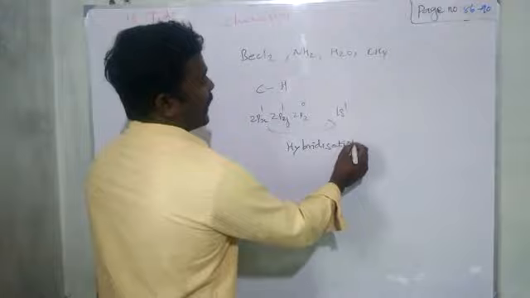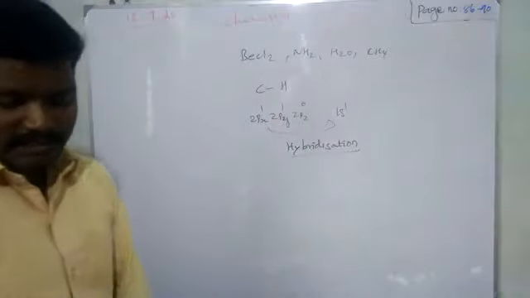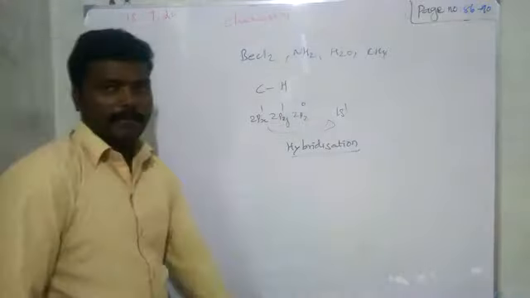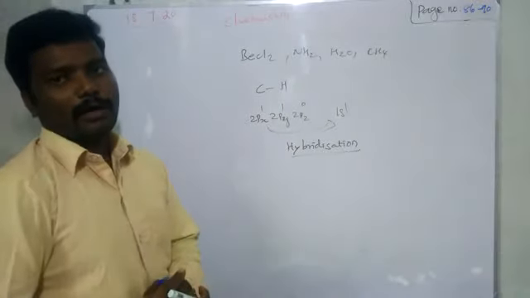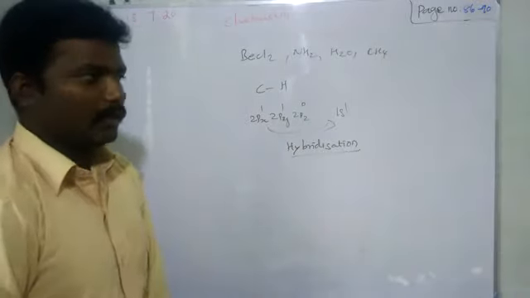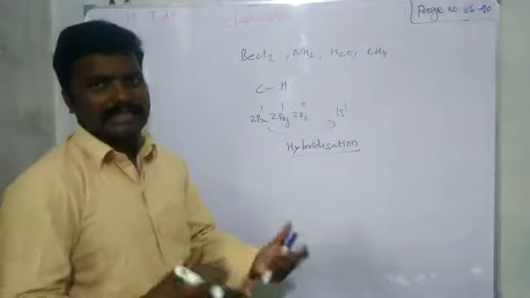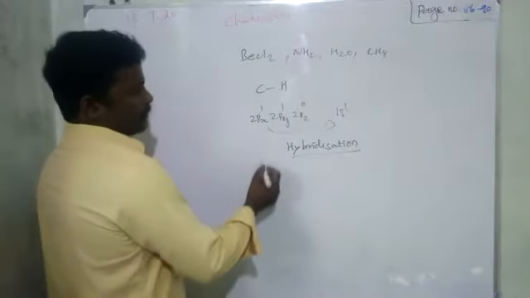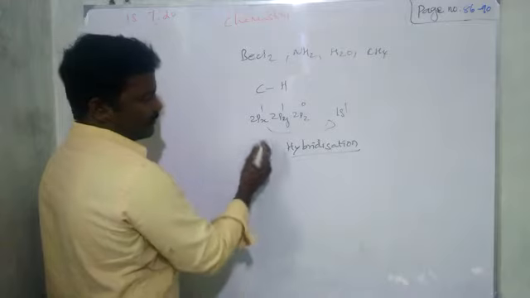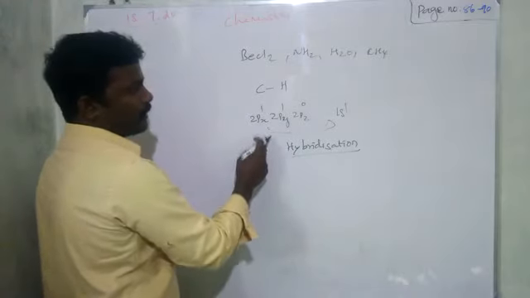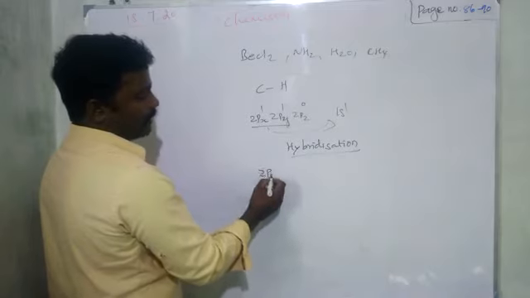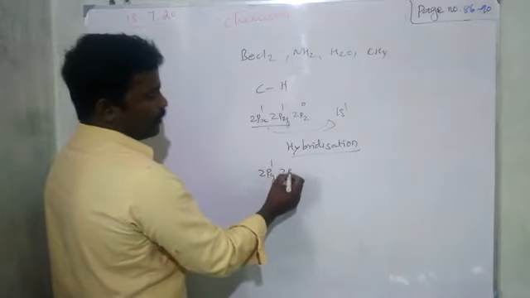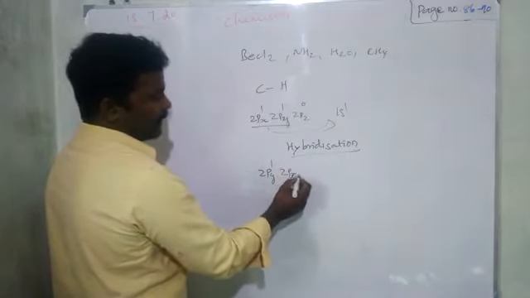So what do you mean by hybridization? Intermixing of atomic orbitals which produces new equivalent orbitals, which are called hybrid orbitals. You may not understand easily, so listen. Take carbon, which has two half-filled orbitals, 2py having one and 2px having one.